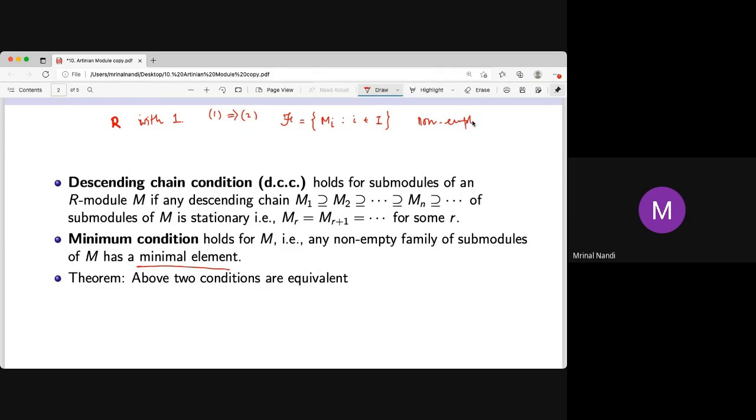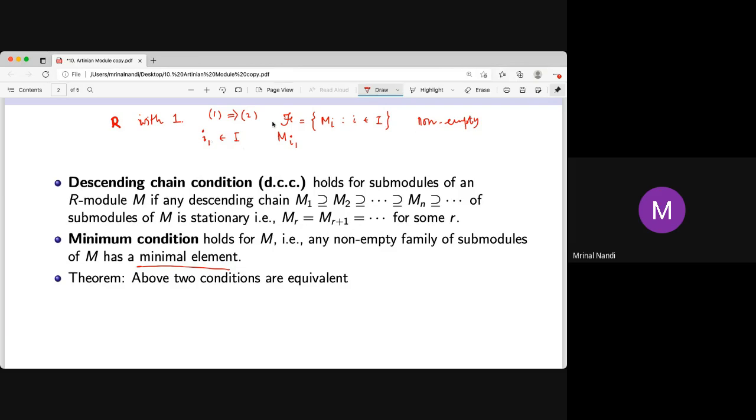Now take any i1 and consider M_i1. We assume that 1 is true, so the descending chain condition is true. That means we have to construct a chain and then use the descending chain condition. After that we can say this chain is stationary, and using that we will show that there is a minimal element.